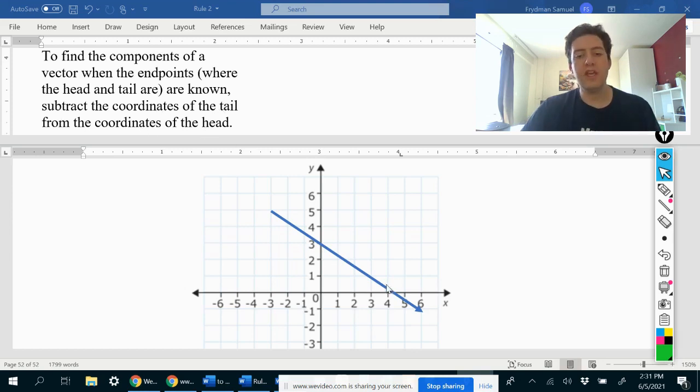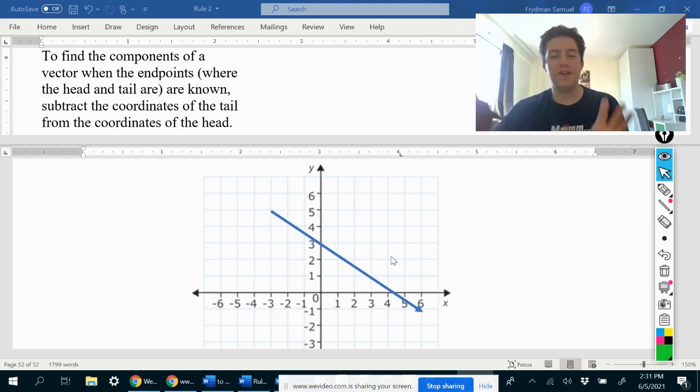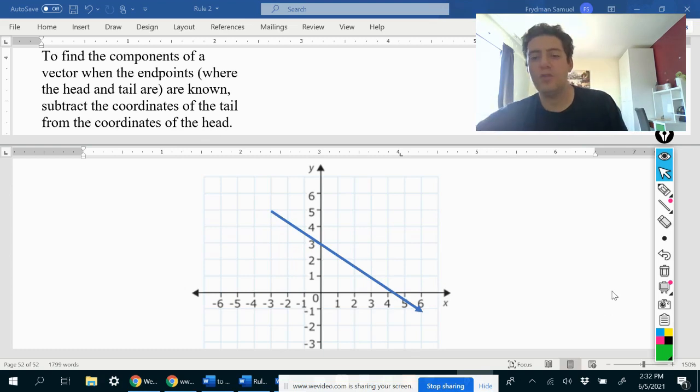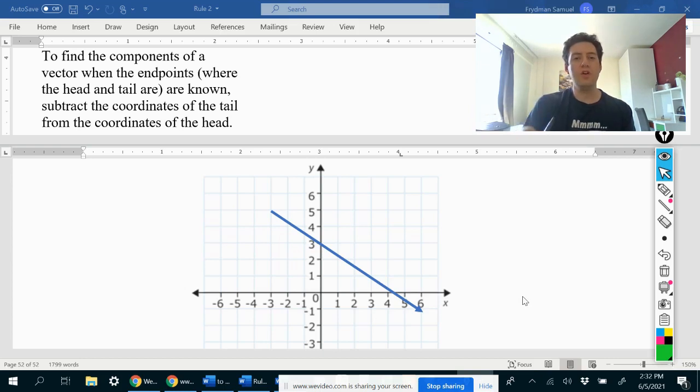Okay, so if I wanted to know what the components of this vector are, then how could I do that? Well, if I have it printed on a coordinate grid here, and I know the coordinates of the head and I know the coordinates of the tail, I can simply subtract the coordinates of the tail from the coordinates of the head.